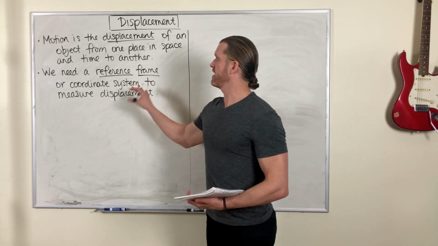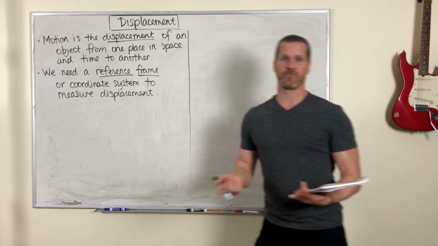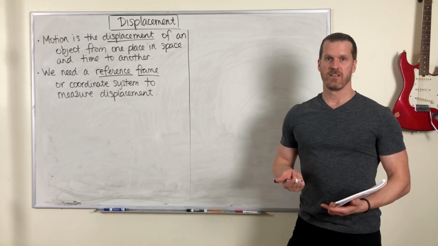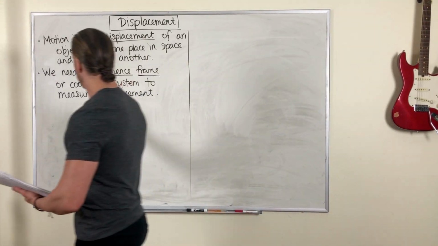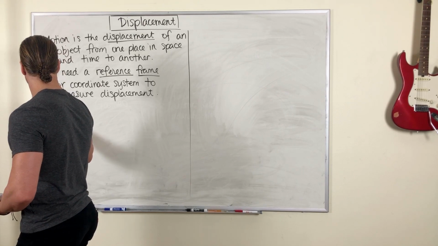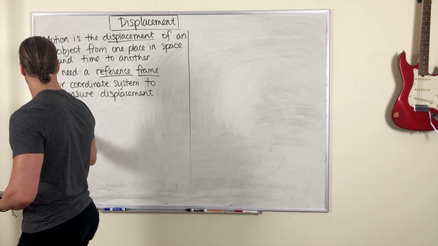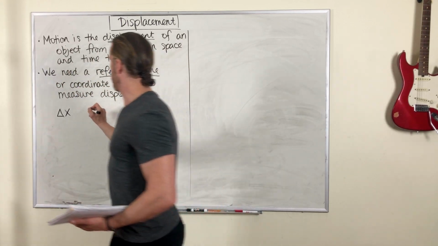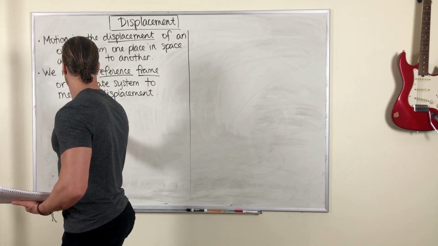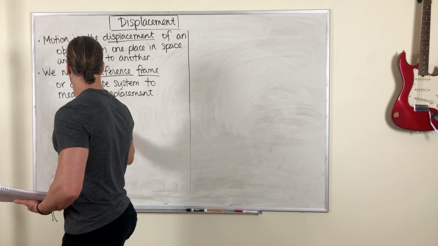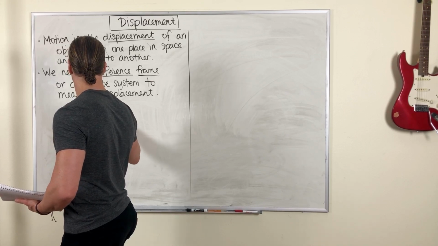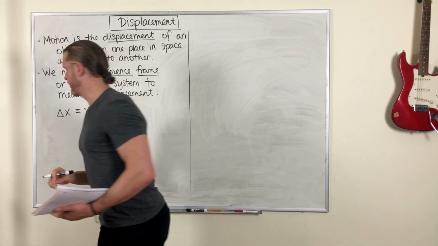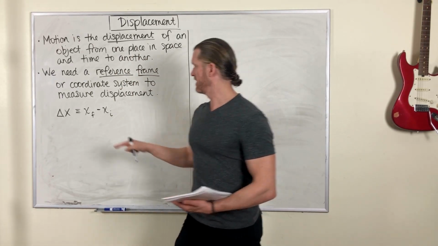In order to define displacement, we need to have a reference frame or a coordinate system. Mathematically, displacement is defined as the final position of an object minus its initial position.